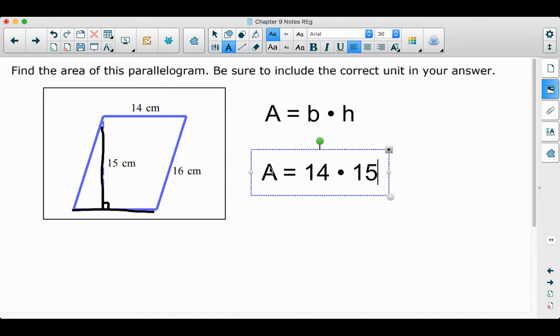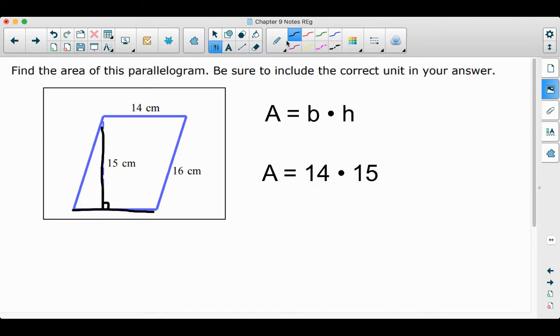Now you may be wondering, Mrs. Schultz, you didn't draw a line on the 14. You're right, but I drew a line on the parallel side. And what you'll see here, as I'm going to highlight, this 14 is the same as this bottom. And so therefore I can use 14 times 15 to get my base and my height.